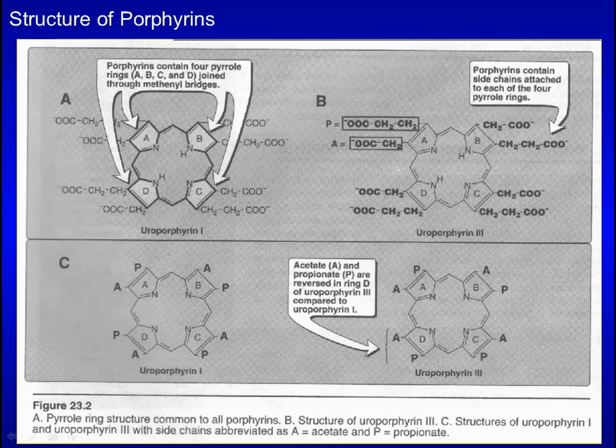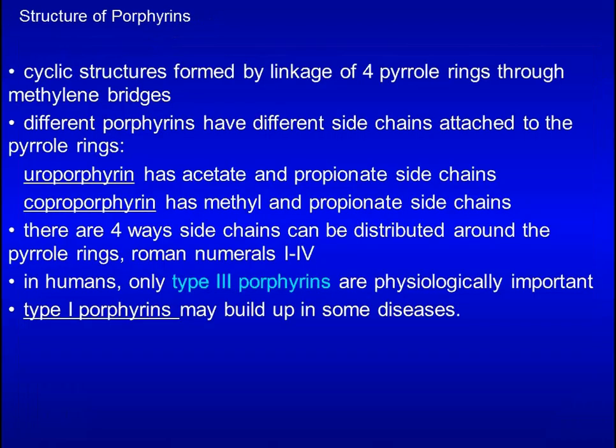The A and P are reversed in the D ring in uroporphyrin 3 compared to uroporphyrin 1. It turns out type 3 porphyrins are physiologically important in humans. Type 1 may build up in some diseases.